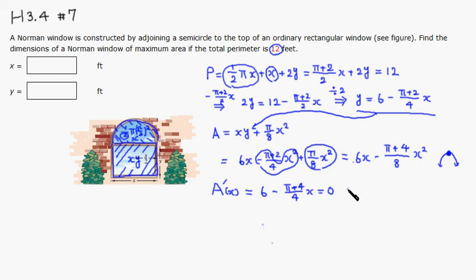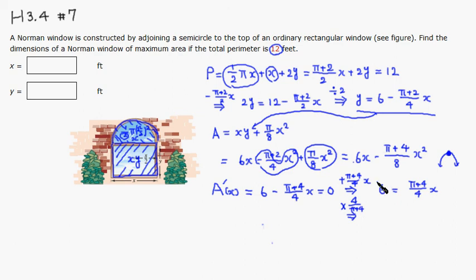Then you add (pi plus 4) over 4 x. We get 6 equals (pi plus 4) over 4 x. Then we can just multiply both sides by the reciprocal of (pi plus 4) over 4, so multiply by 4 over (pi plus 4).